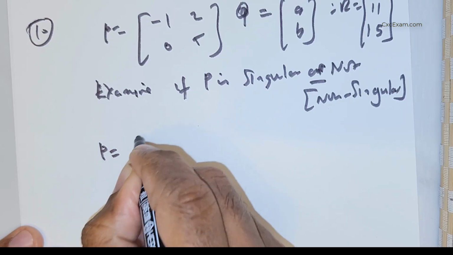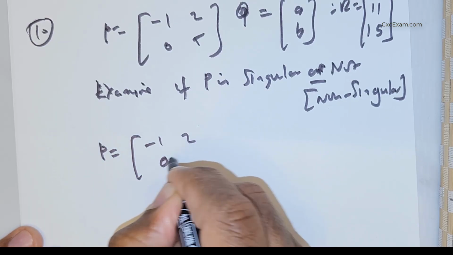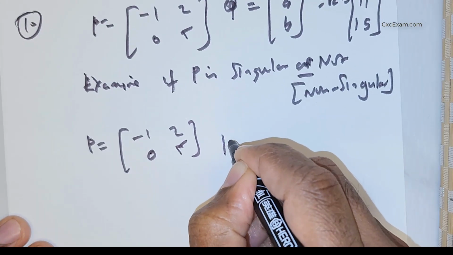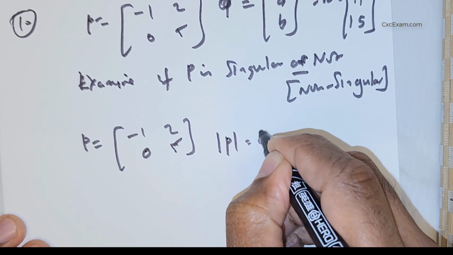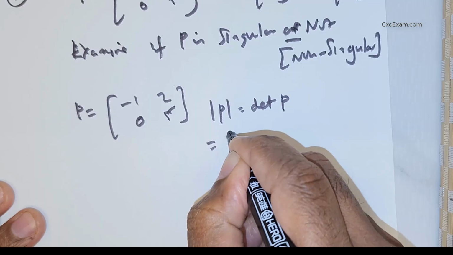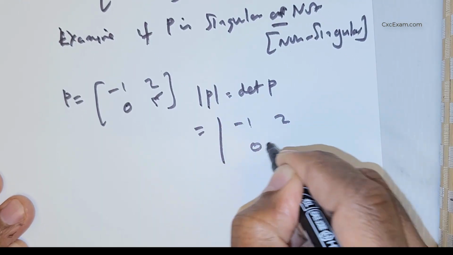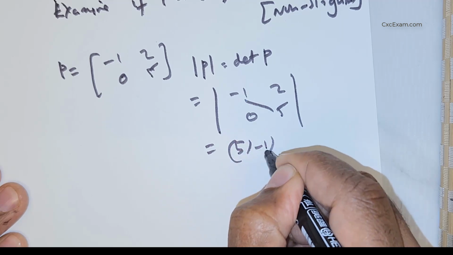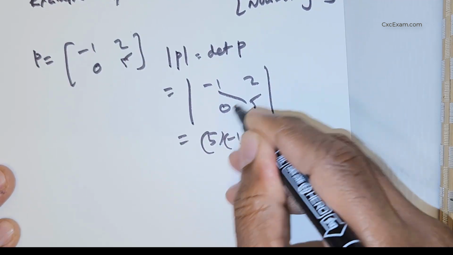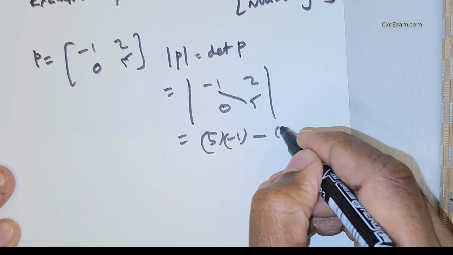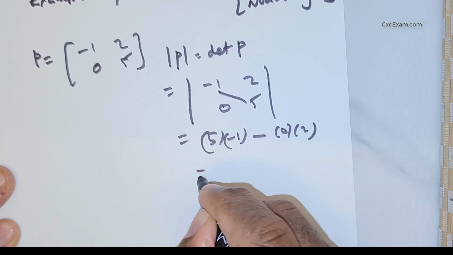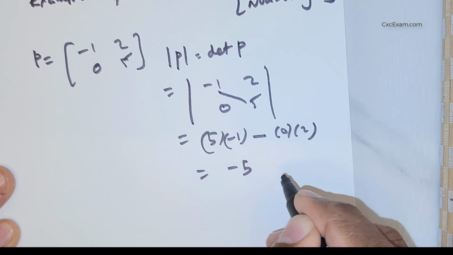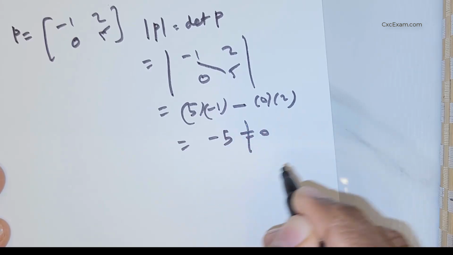So P is equal to -1, 2, 0, 5. You find the modulus of P, which is nothing but the determinant of P. You cross multiply 5 times -1. When you go towards this side, we carry a negative sign, but we have 0 times 2. So this is going to be 5 into -1, which is -5, which is not equal to 0.